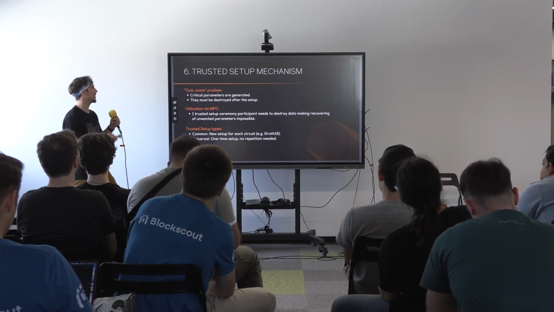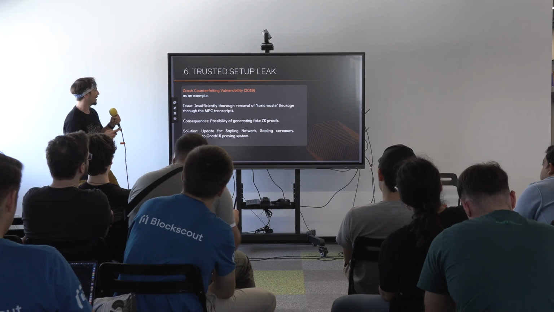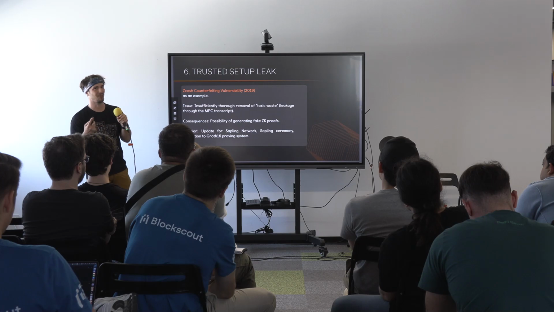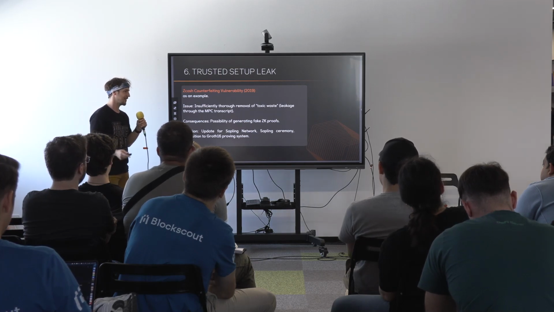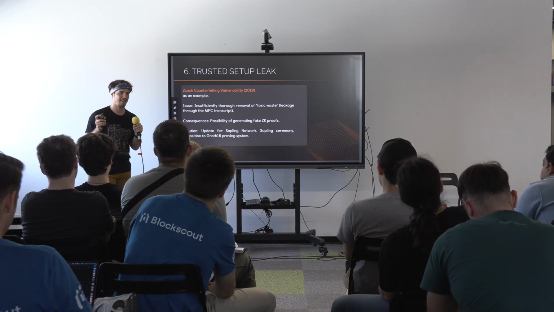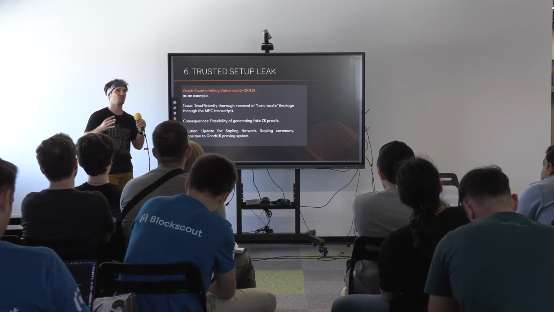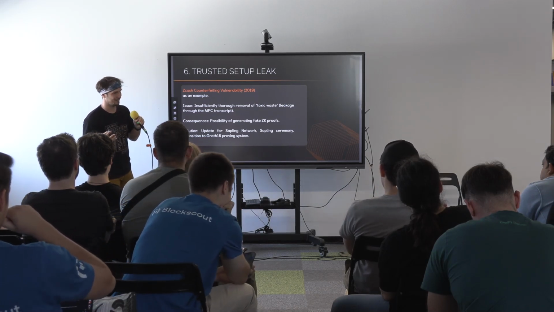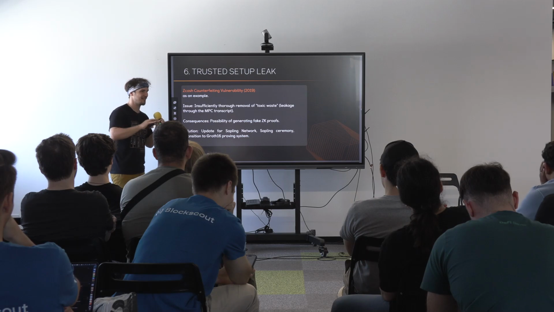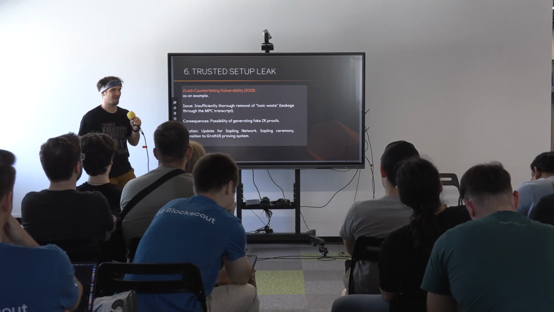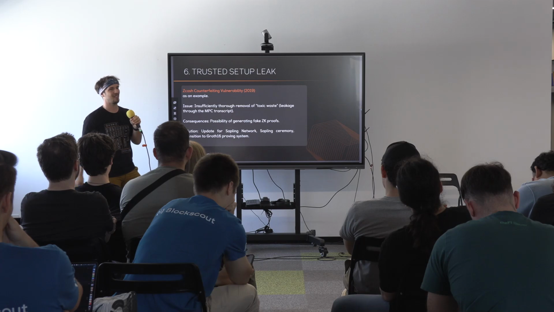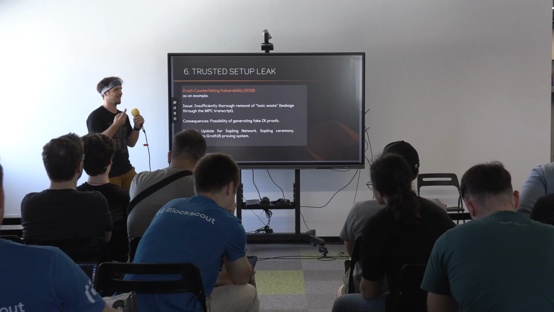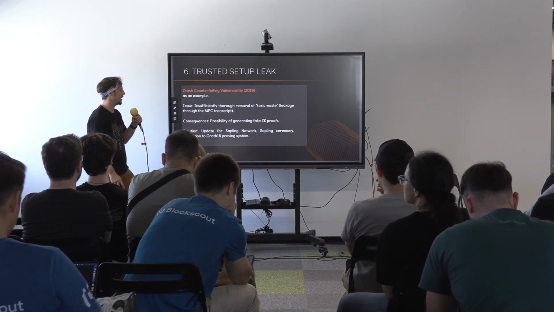theoretically. In practice, we have a trusted setup leak in Zcash. It happened in 2019, because some of the data that they assumed was not related to the trusted setup, and was defined as not toxic waste, turned out to be linked to the key parameters that they use to generate all these things.